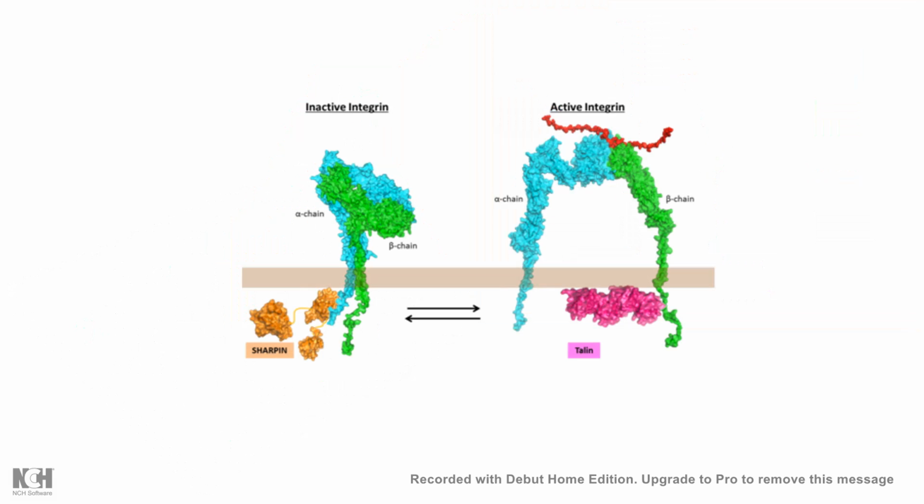Now, the alpha and beta integrin composition has two states. One, an inactive state, where they are interacting with some adapters like chaperones, and an active state, where they are interacting with adapters like talin, vinculin, etc. We will look at the functional role of integrin in terms of providing structural support.